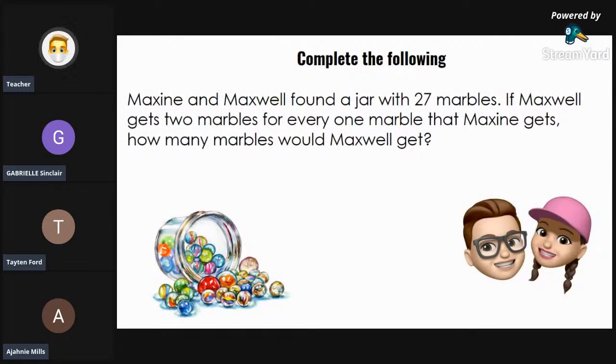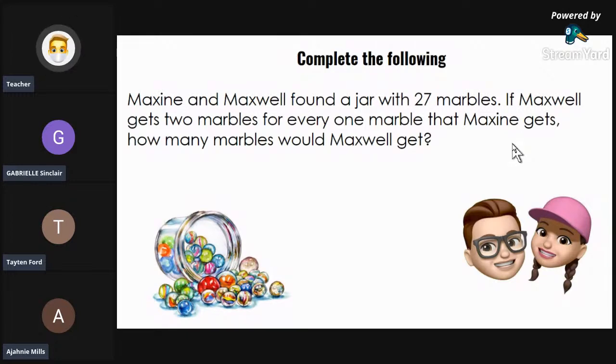Let's think of our 3 reads process here. Our first read is to get the gist of it, the general idea. We have Maxwell and Maxine.